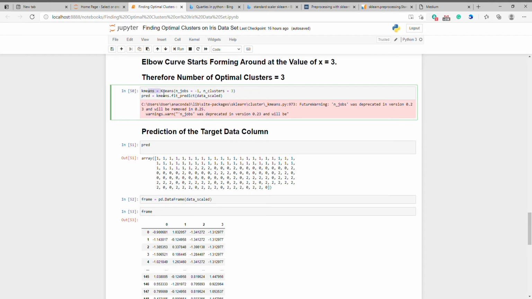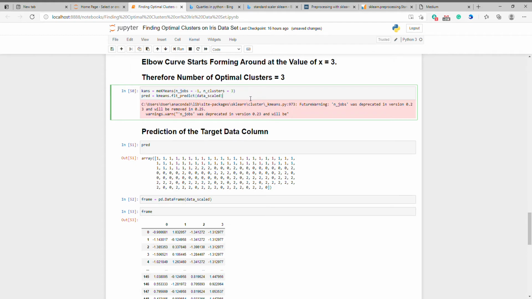Now here I am in the k-means variable. By using the k-means function, I have put n underscore jobs equal to -1. Now, why am I writing n underscore jobs equal to -1?